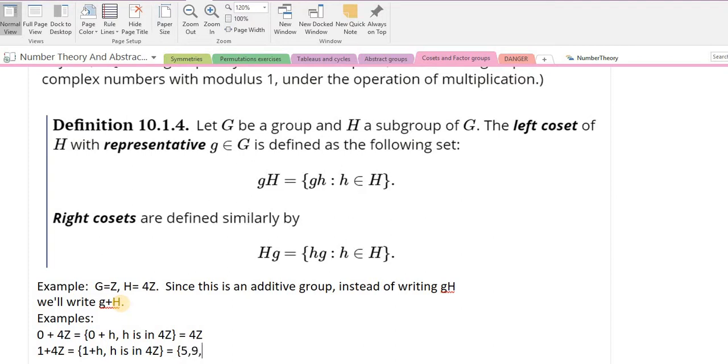Okay, yeah. And you just keep going, every 4. So 5, 9, 13, 17, and so on. And then you go down to 1, and minus 3, minus 7, and so on.